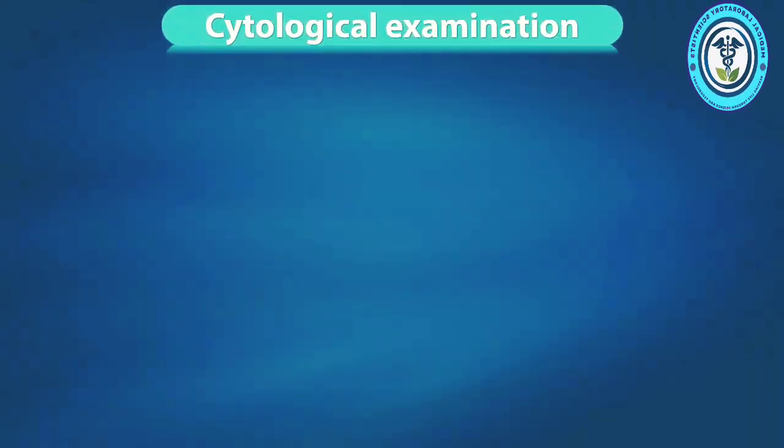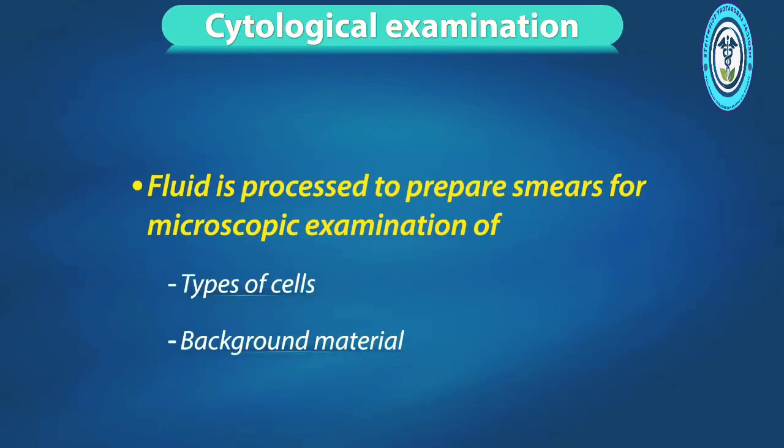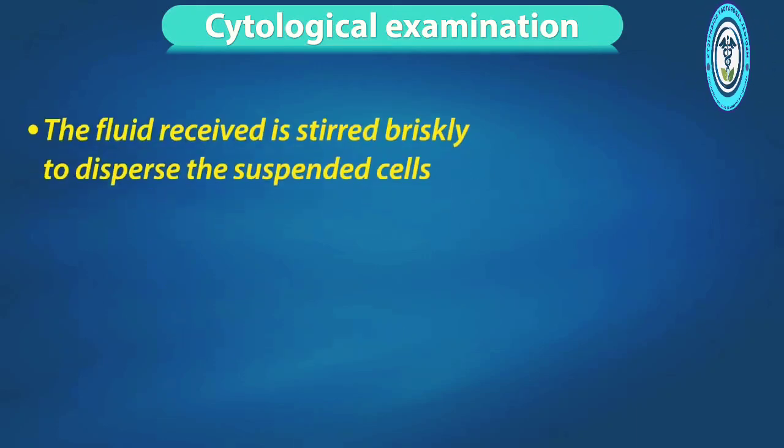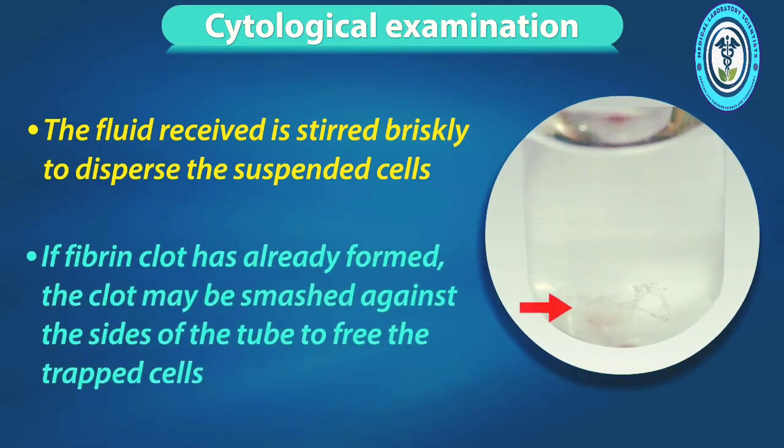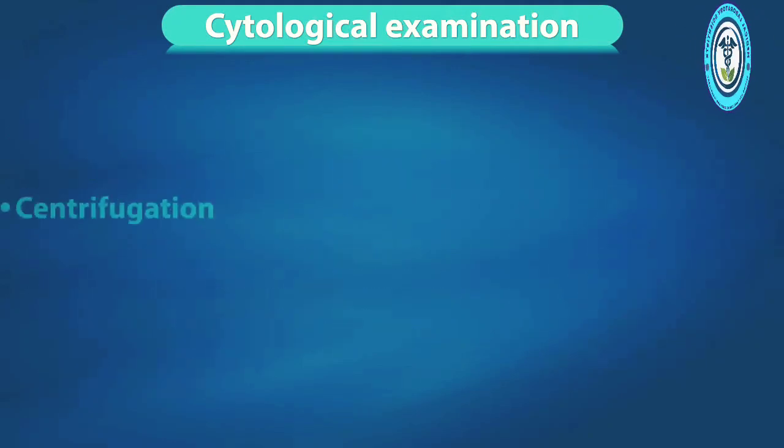Cytological examination. The fluid is processed to prepare smears for microscopic examination of types of cells and background material. The fluid received is stirred briskly to disperse the suspended cells. If a fibrin clot has already formed, the clot may be smashed against the sides of the tube to free the trapped cells.